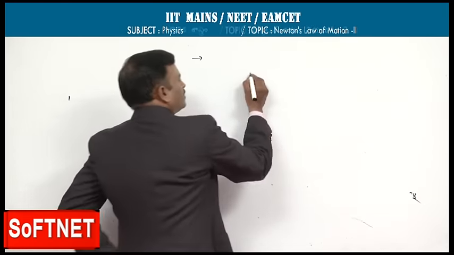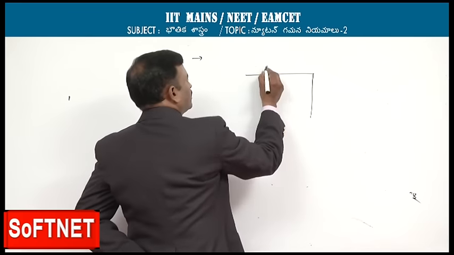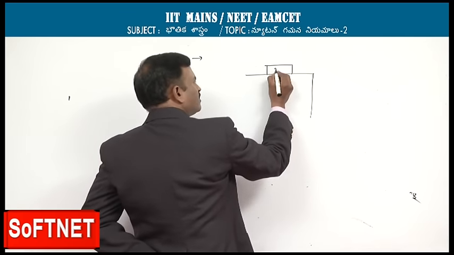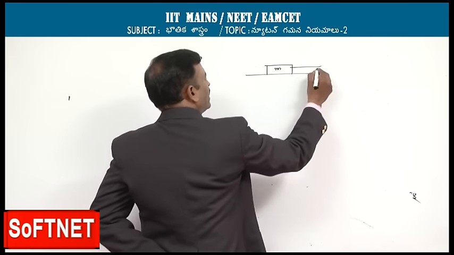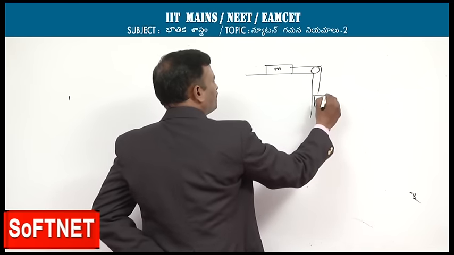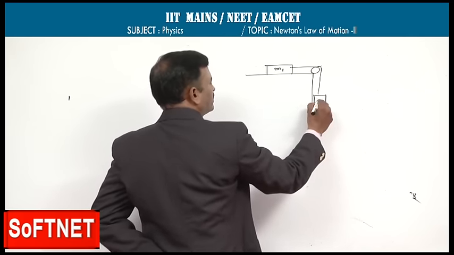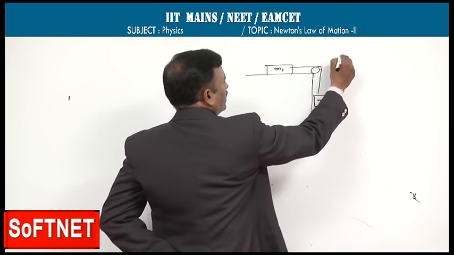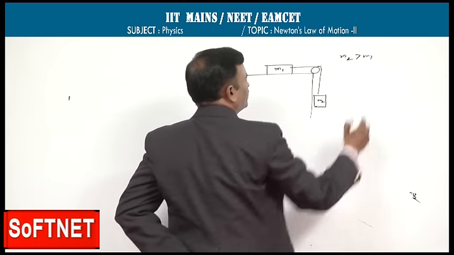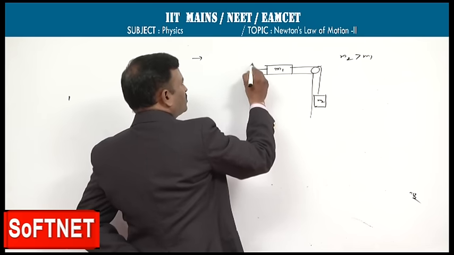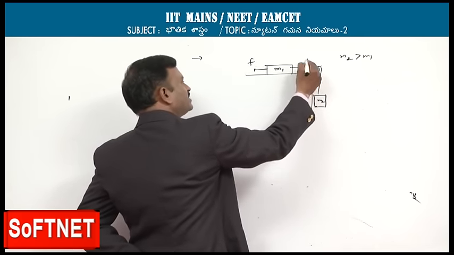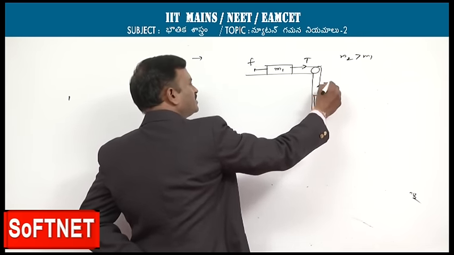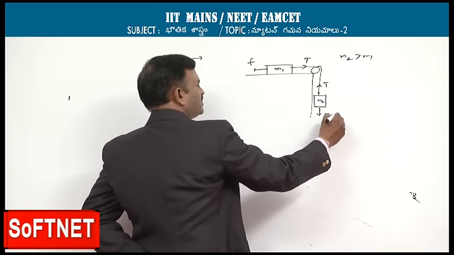Next model, let us take a body of mass m connected. With friction here, the masses are m1 and m2, with the condition that m2 is greater than m1. Frictional force is acting here, tension is acting upwards, and m2g is acting down.